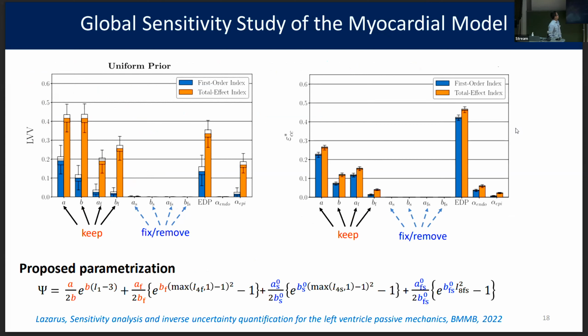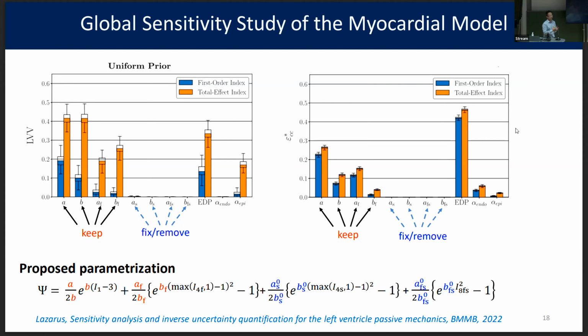And then that is the result for the myocardial model. The left one is on the predicted volume from the parameters, and the right one is on the strain. If you look at the left one, we see the ventricular volume is highly affected by the four parameters A, B, AF, and BF. In the right one I made a note to keep, which means those parameters could be identifiable.